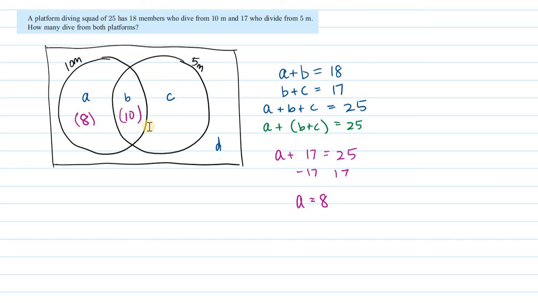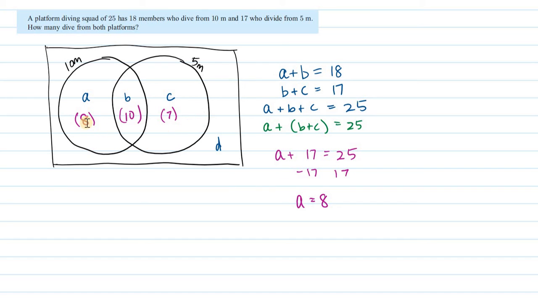Still working on that logic, we know that on the 5-meter platform, 17 people were supposed to dive from 5 meters. Well, if 10 are already spoken for because they dive both, how many are left over to only dive from 5 meters? 7 people would be left.